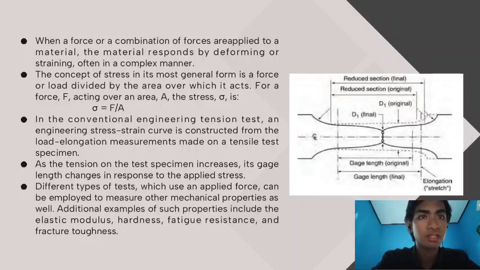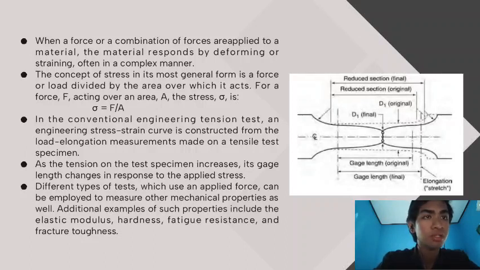The parameters that are typically used to describe the stress-strain curve of a metal include the tensile strength, yield strength or yield point, percent elongation, and the reduction in area. Different types of tests which use an applied force can be employed to measure other mechanical properties as well.